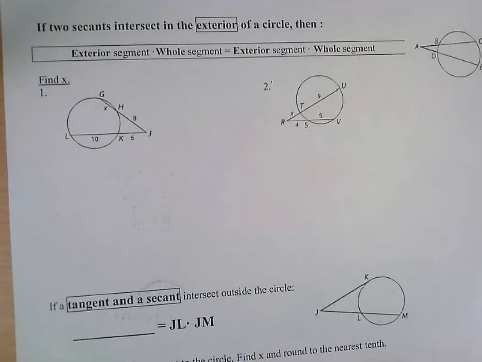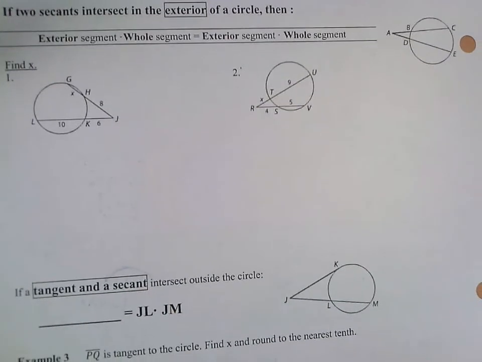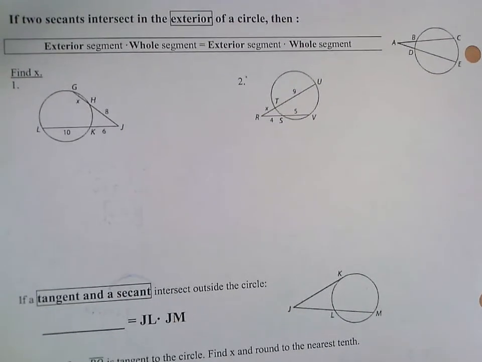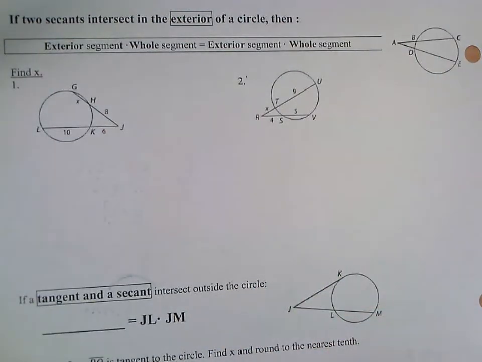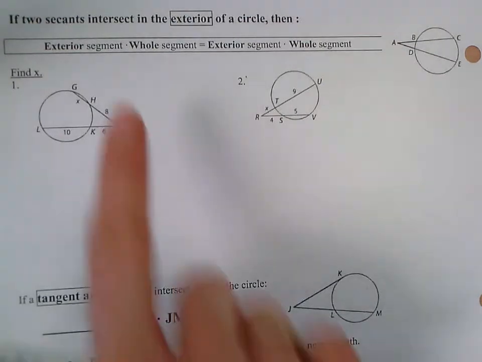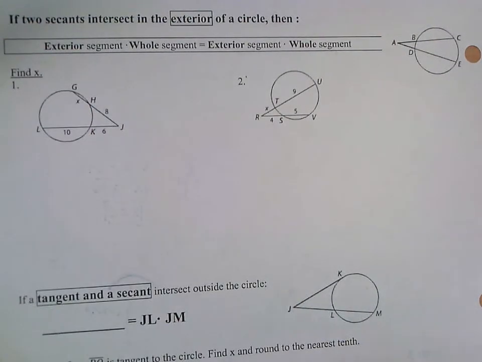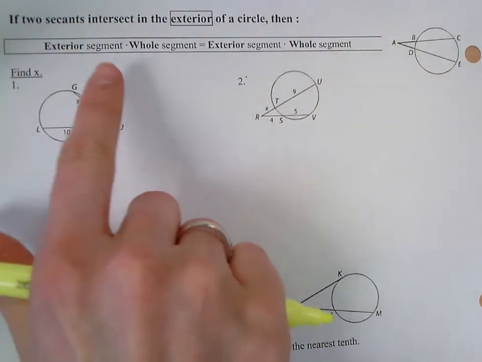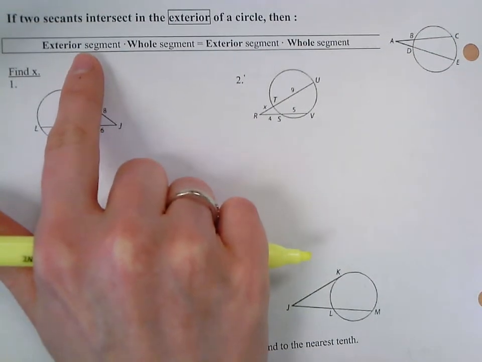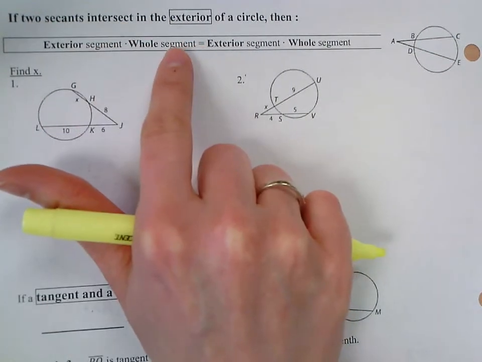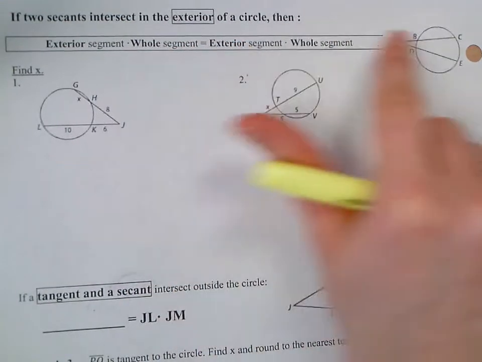Here it's if they intersect outside of a circle. So here's your formula for this, and I'm actually going to label to write a different formula out for you. The formula is for each secant the exterior segment multiplied by the whole segment of one.